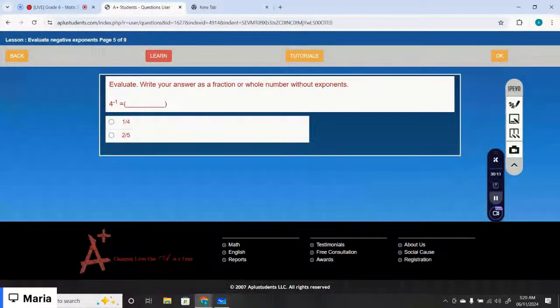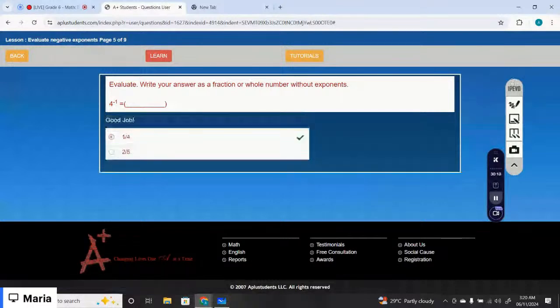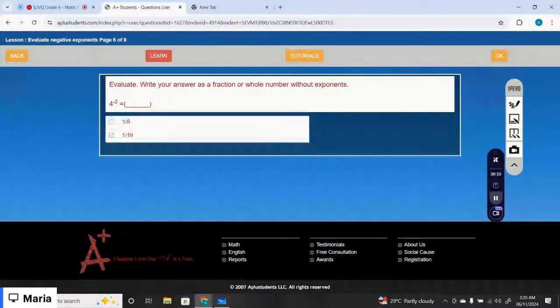That is 1 over 4. Option number 1 is the correct option. Very good. The next one is 4 exponent negative 2. So which is the correct option?